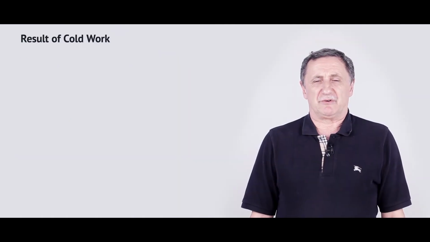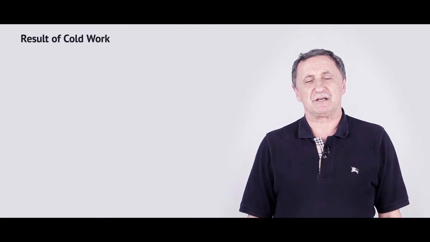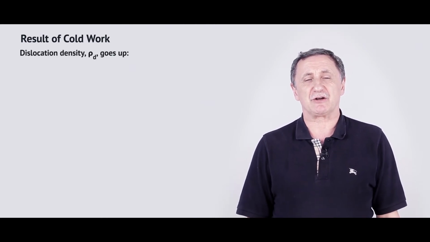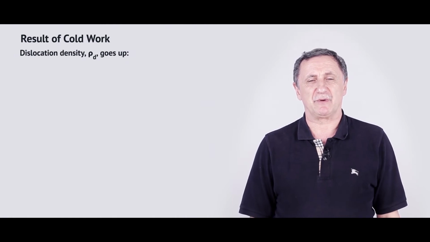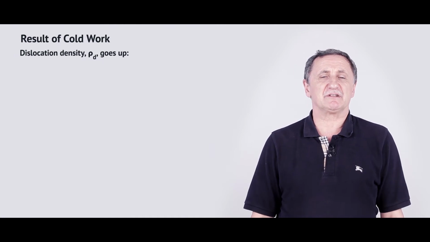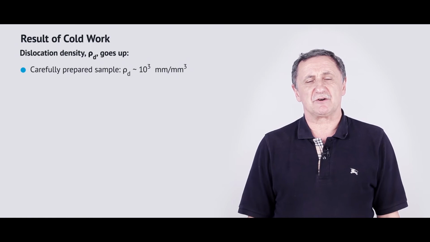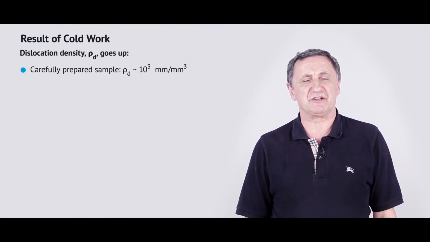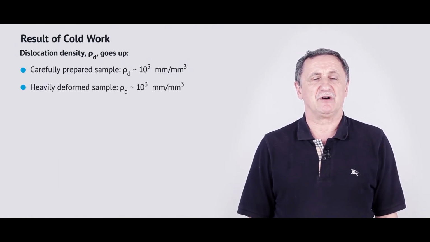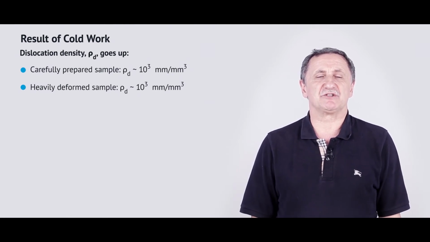And again, you can use different types of diagnostics, including transmission electron microscopy or scanning electron microscopy. About these techniques we will talk later in our lectures, and even calculate the density of dislocations per volume of your material as a function of applied cold work. It's good to have these general ideas.